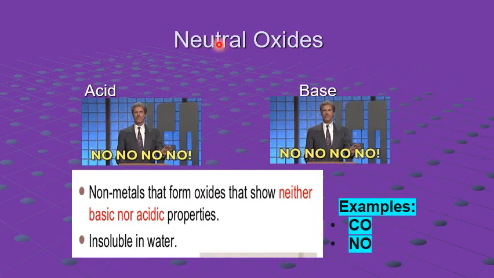Now we have neutral oxides, which show neither basic nor acidic properties. So they are not going to behave as an acid, nor as a base, and as a result we call them neutral oxides. We have two examples, carbon monoxide and nitrogen monoxide.